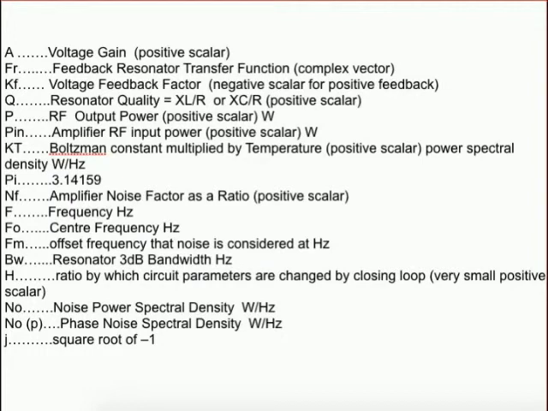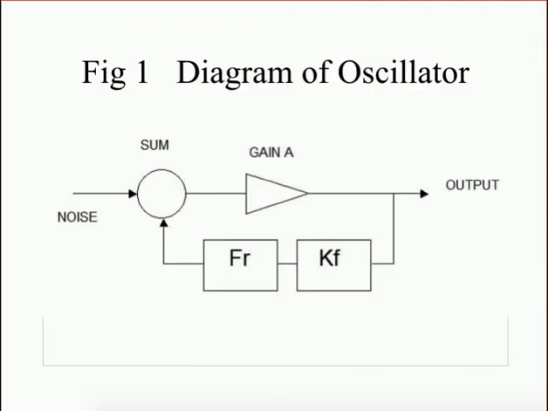Right, these are all the variables used. You can stop the video at any point, of course, to look at it, and it might be worth taking a screenshot of something like this if you want to go back and look at it. This is the block diagram that we're simulating.